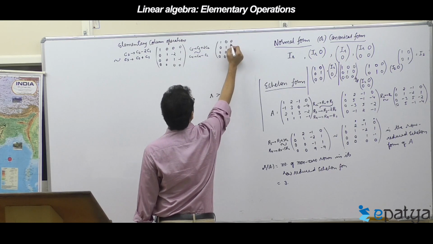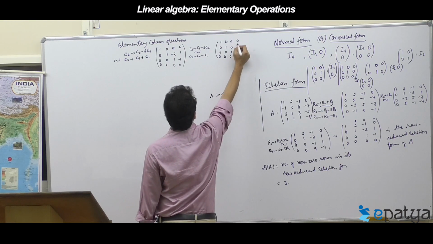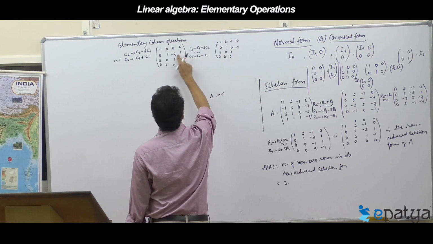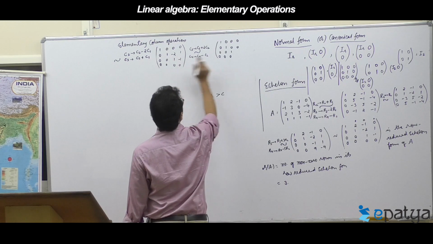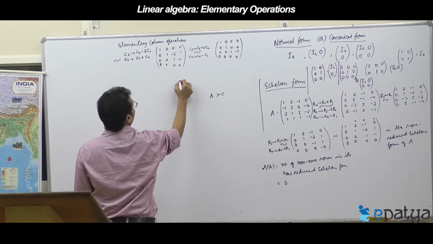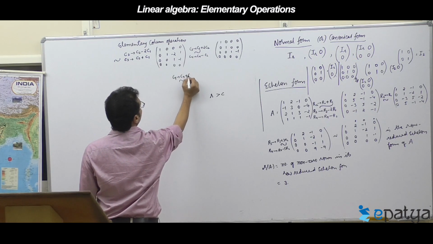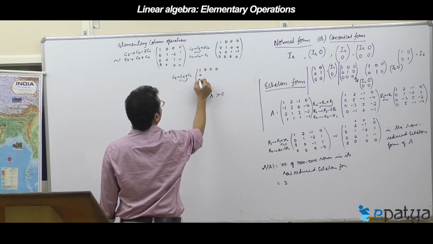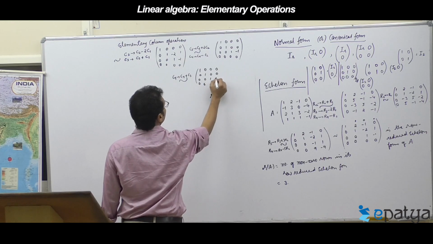Then 0, 0, 1, 0, and minus 1, 0. Lastly, C4 is C4 plus C3, which gives me 1, 0, 0, 0, 0, 1, 0, 0, 0, 0, 1, 0, 0, 0, 0, 0.